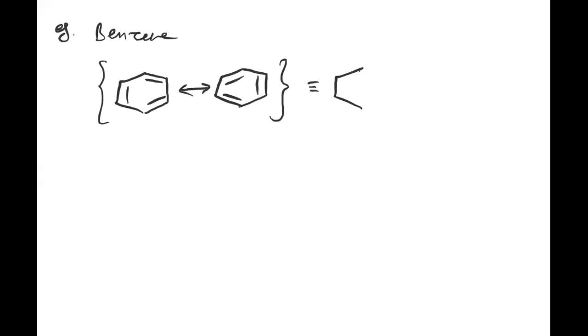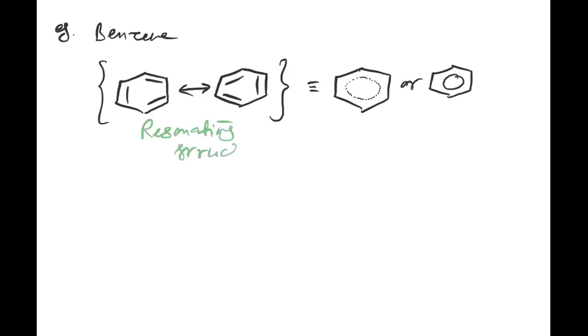In benzene, you can imagine everywhere we have partial single and double bond character, and you can represent this resonance hybrid structure of benzene as this. So these two are resonating structures of benzene, and this is the resonance hybrid structure of benzene.